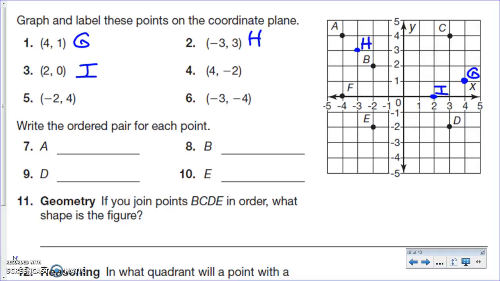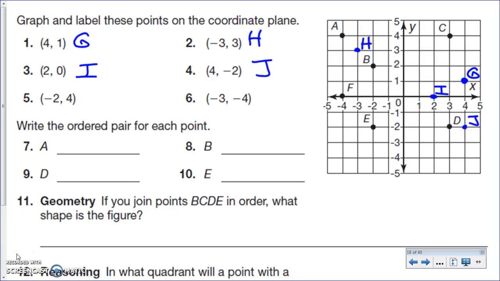For 4, we have (4, -2), so we go over to 4 on the x-axis and down to -2 on the y-axis, and we're going to label this point J. For 5, we have (-2, 4).